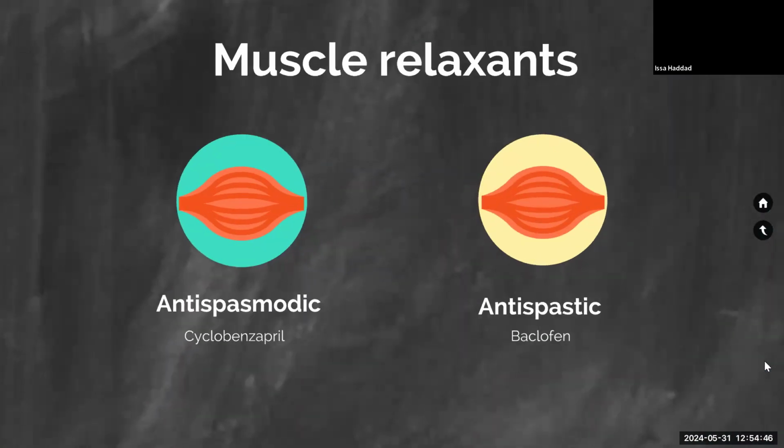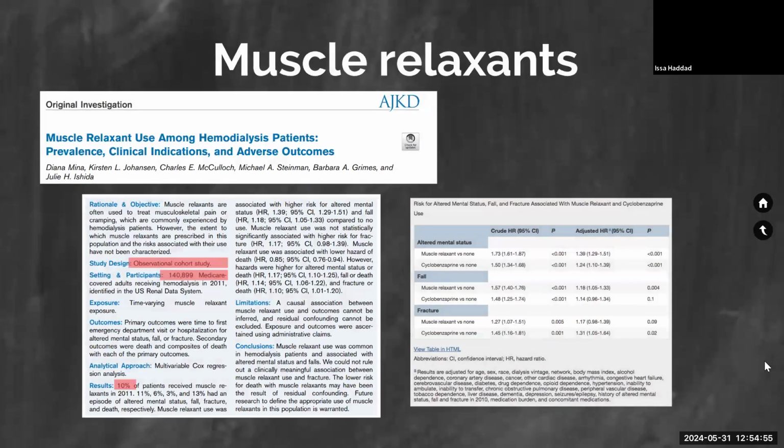And finally, muscle relaxants. The 2 most known are categorized into antispasmodic, cyclobenzaprine, and antispastic, which is baclofen. Though this is just an observational cohort study talking about muscle relaxant use among hemodialysis patients.